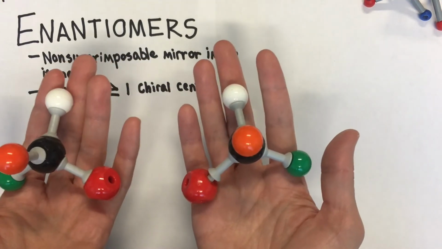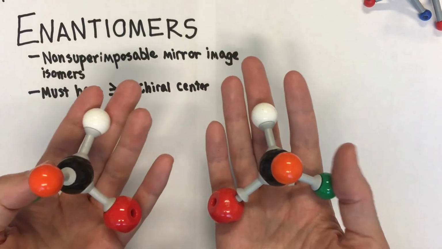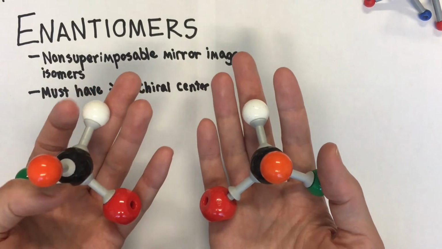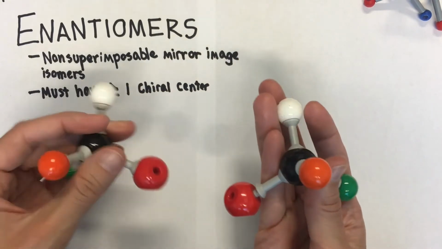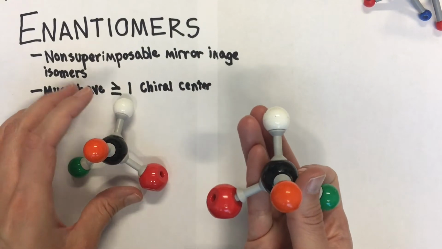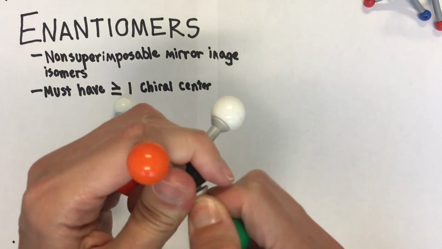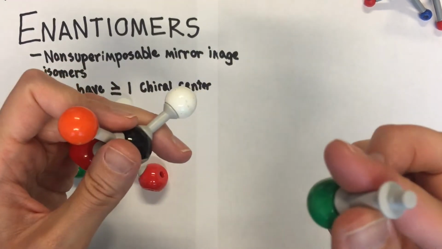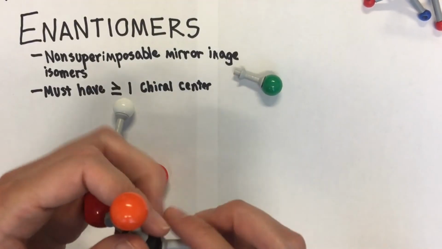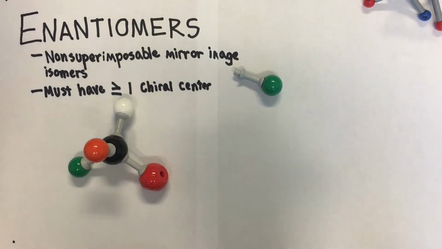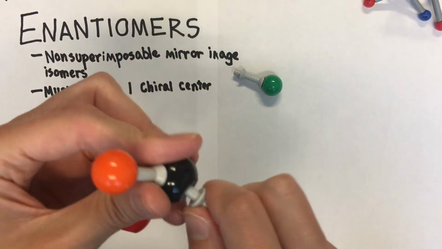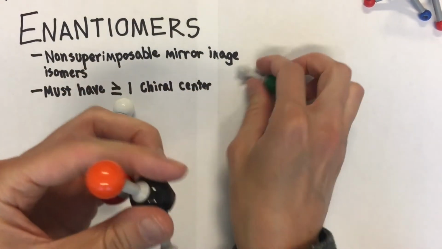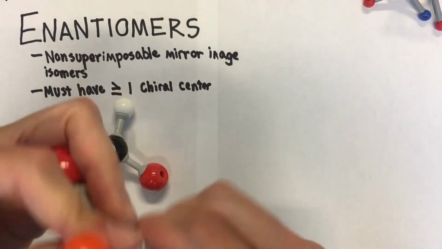The only way to make these 2 molecules identical is to physically break a bond and put them in different places. So we can make these 2 molecules identical only if what I do is physically rip off, by a chemical reaction, is the way we could think of this, the bond between carbon and the green atom, rip off the bond between carbon and the hydrogen, or the white atom here, and move those.